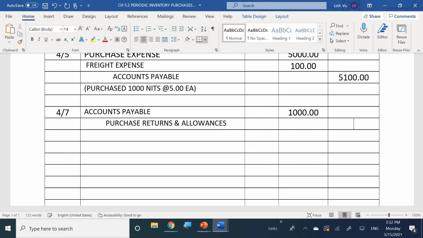Good. For the $1,000. And of course, I'm also going to make a note here that I returned 200 units at $5 each, full refund. Okay?